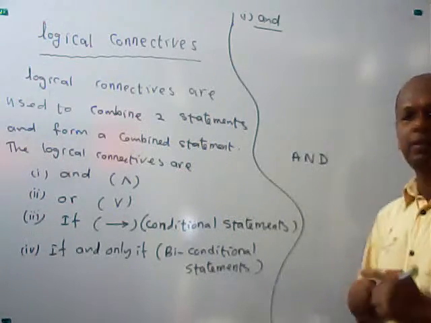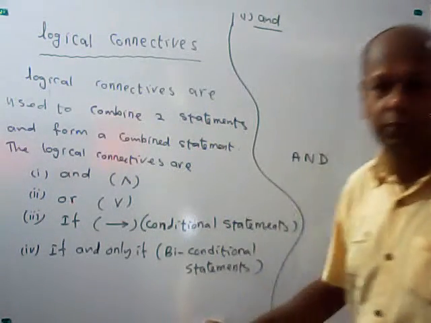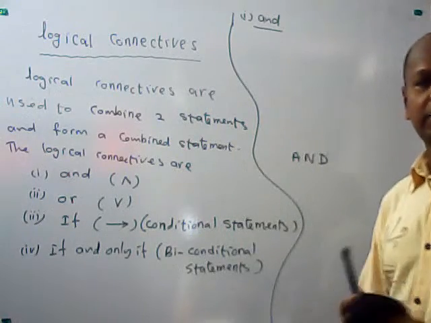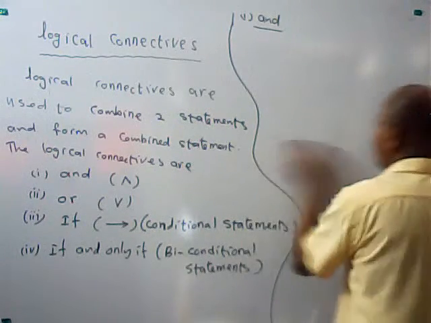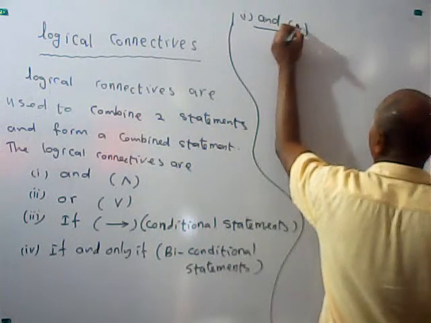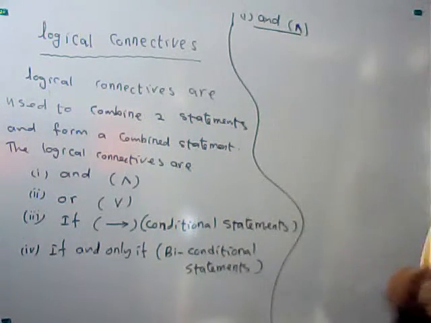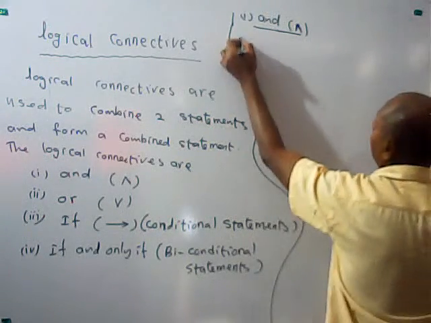In mathematical logic we use the simple letters. So AND, the notation is this. Right. I'll explain with an example.